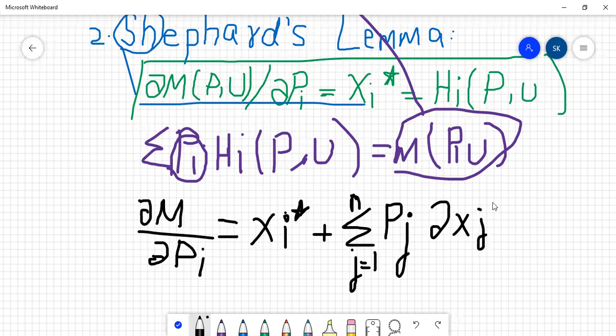Now, why are we using j over here? Because it is not only the price of good i; there is the price of good j as well: curly xj divided by curly pi.